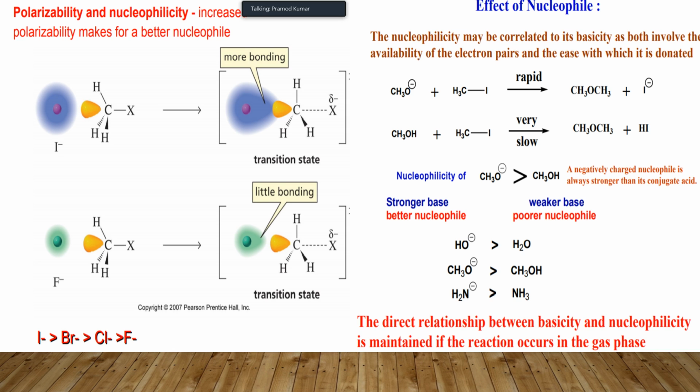So let us see the comparison: strong bases, better nucleophiles, OH minus, methoxide and NH2 minus, in comparison to their weaker counterparts water, methanol and ammonia, which are nothing but the conjugate acids of your corresponding bases. So there is a direct relationship between basicity and nucleophilicity if the reactions occur in the gaseous phase.